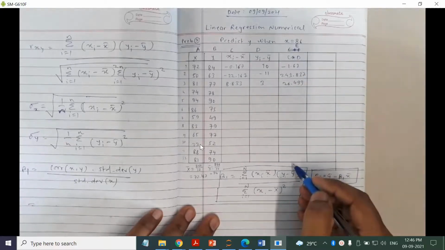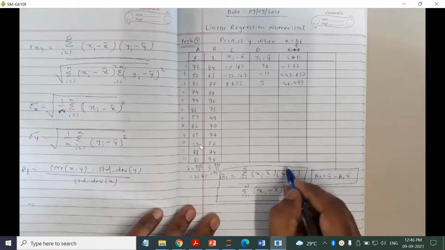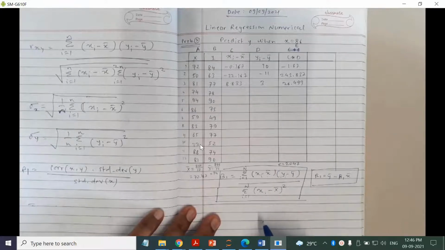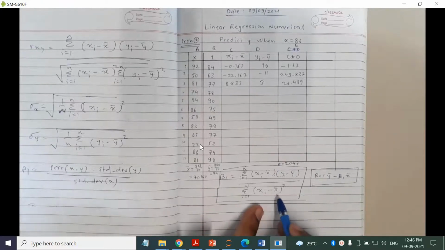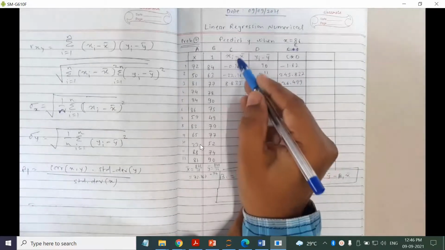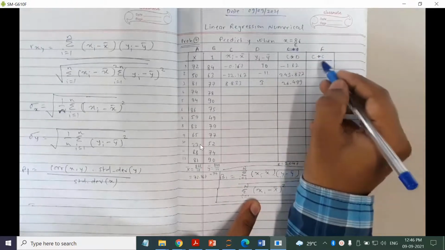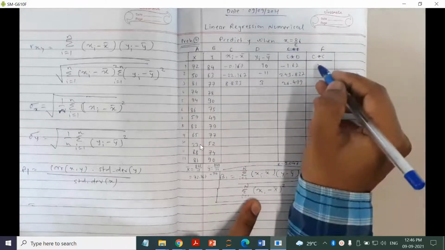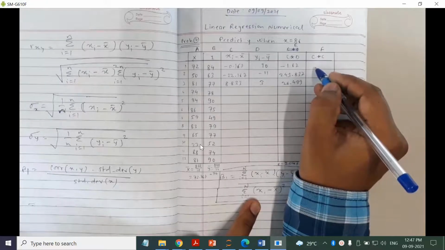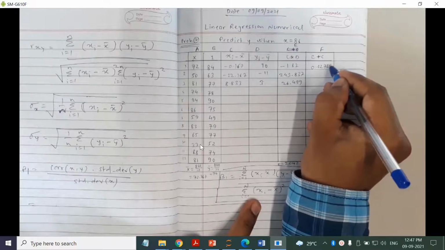Then finally we take the summation of this entire column, which is 2047. Then we have to take the square of the bracket, C into C, which is my F column, the denominator. Squaring these values gives 0.02788, and so on.